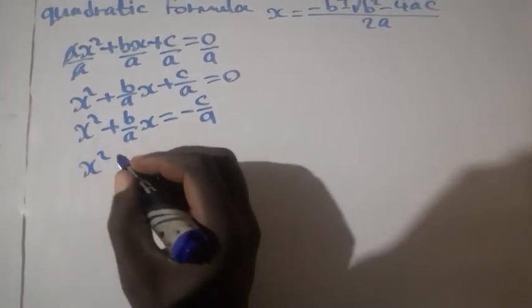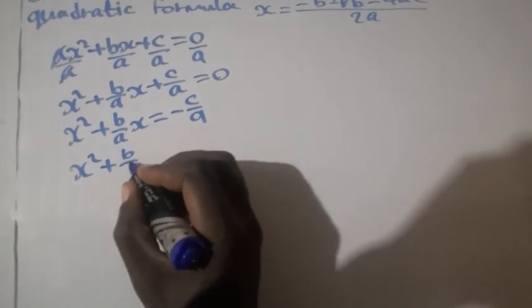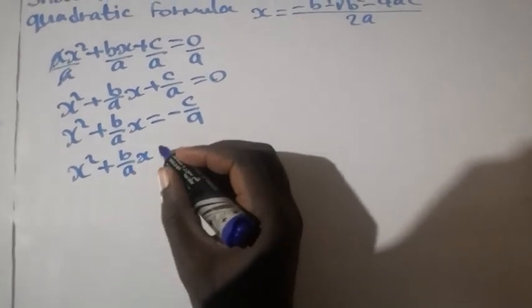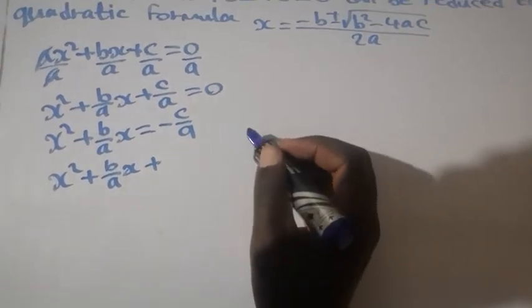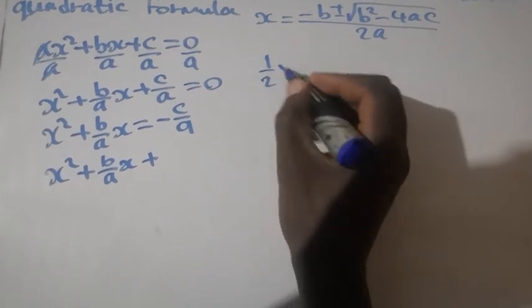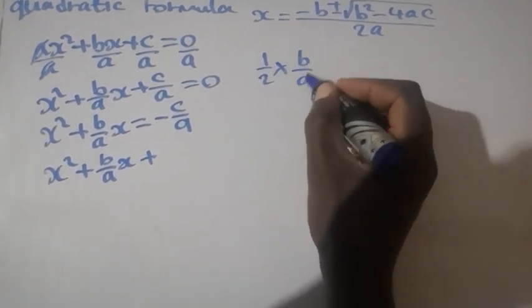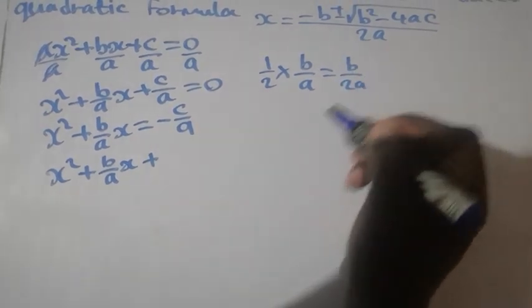So this will be x squared plus b over a x plus half of b over a, which is half times b over a, equal to b over 2a.